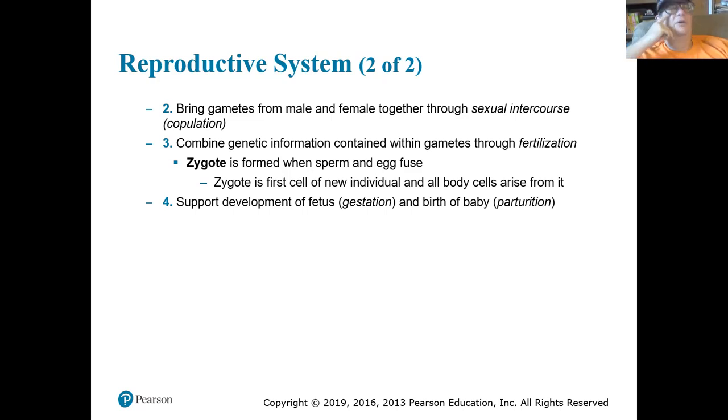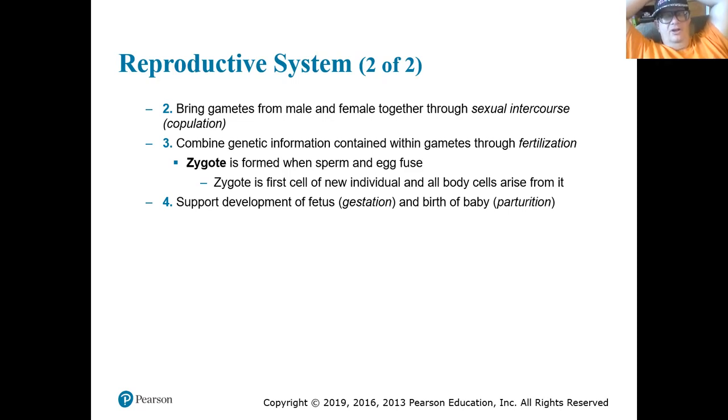Actually, we form a zygote, and then we're going to divide a few times until we have a morula, which up to about 8 cells, we're calling a morula, 16 cells maybe. Then we're going to do a gastrula.